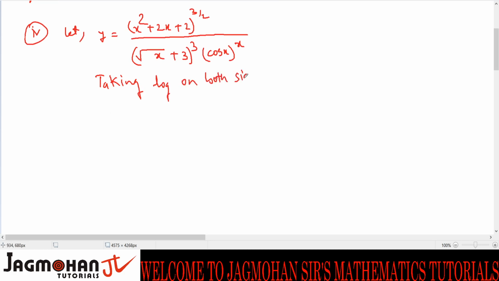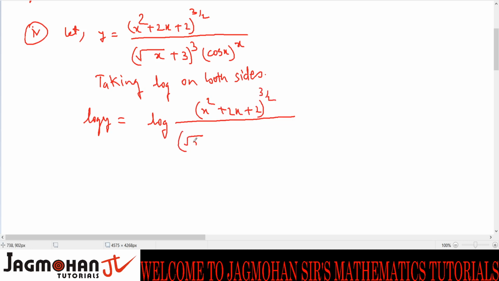So when I take log on both sides, I will get log of y equals log of x square plus 2x plus 2 raised to 3 by 2, and here I get root of x plus 3 the whole cube cos x raised to x.